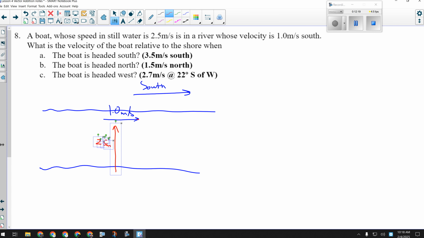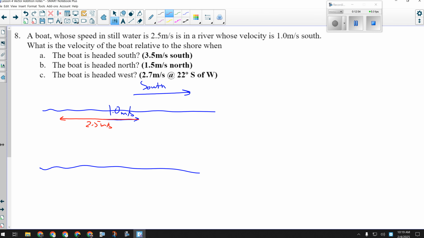Sorry, I drew that wrong. So they're still drawn tail to head. This is fish on. I gotta row upstream now. Gotta row directly against the current. Now my resultant velocity is going to be 1.5 meters per second north, or upstream in this case.